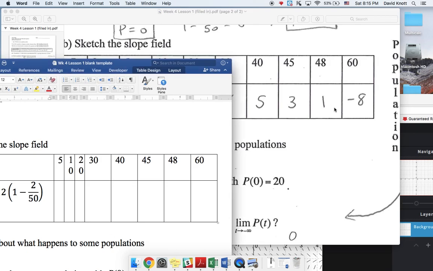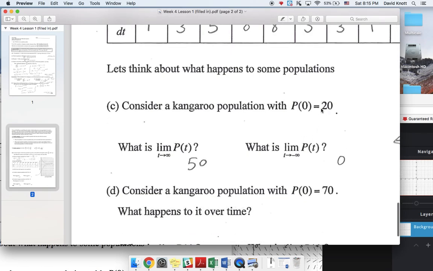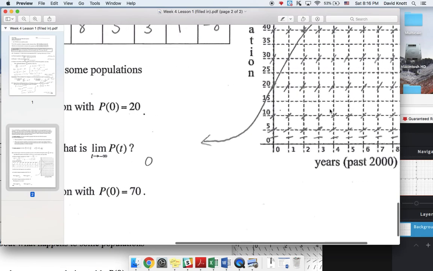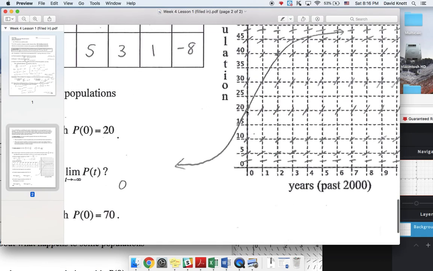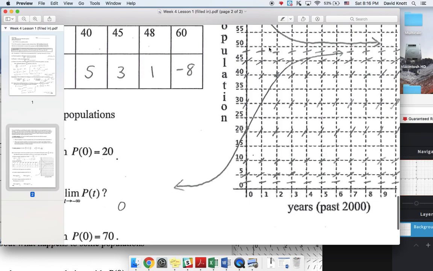We can use that information to answer some of the questions. Let's consider a kangaroo population with p of 0 equal to 20. So when time is 0, the population is 20. That's going to be a curve going through this point right here, right? So if we imagine a curve sitting right here and we follow the slope field, it'll tell us to draw it like this. What you notice is that as I approach this 50 value, the slopes start to get flatter, and it starts to force me to slow my growth.